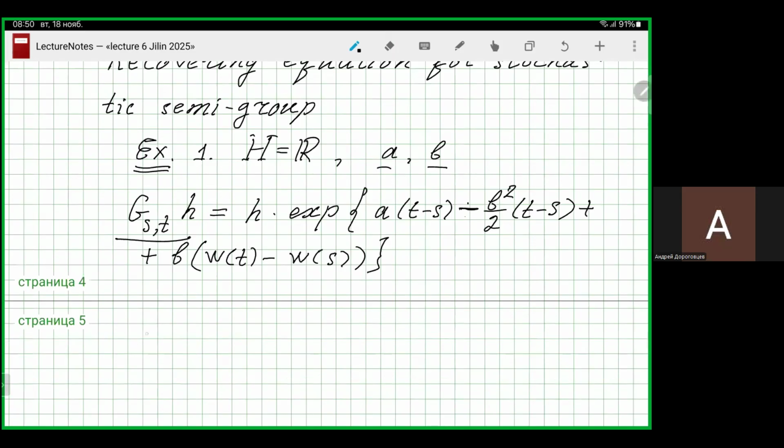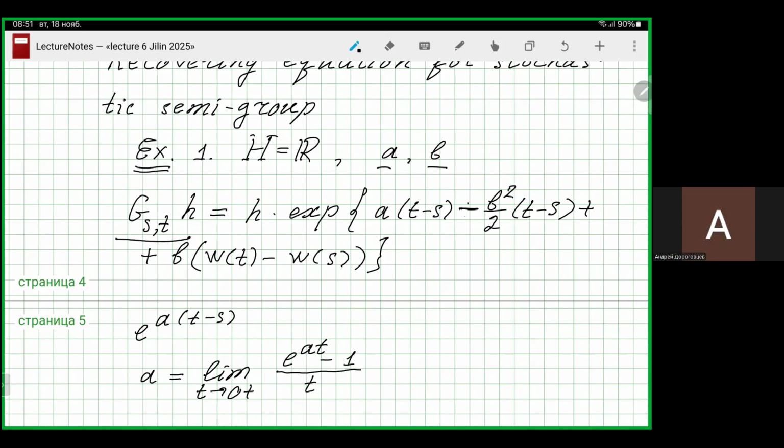If I have e to the power a(t minus s), how can one reconstruct a from here? This is simple analysis. Everybody knows that a can be found as the limit as t tends to 0 plus of (e^{at} minus 1) over t.